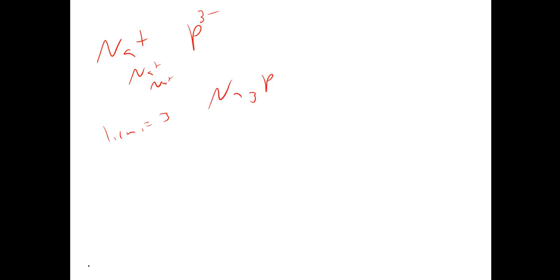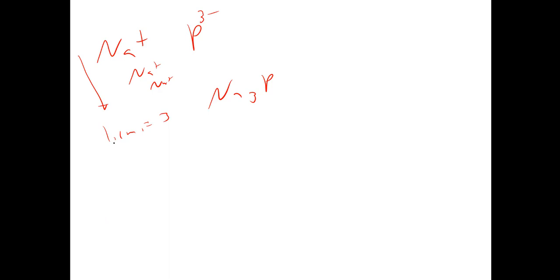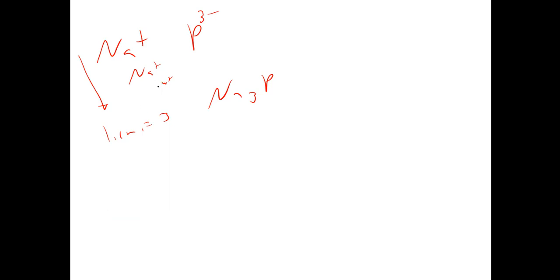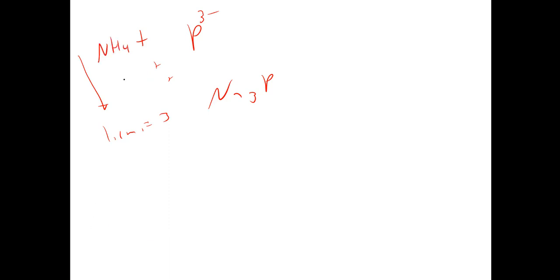When we're figuring out ions to ionic formulas, we're going to ignore all of those extra atoms and just look at the charges. For example, I'm going to keep that positive there, and I'm going to write NH4, NH4, NH4.